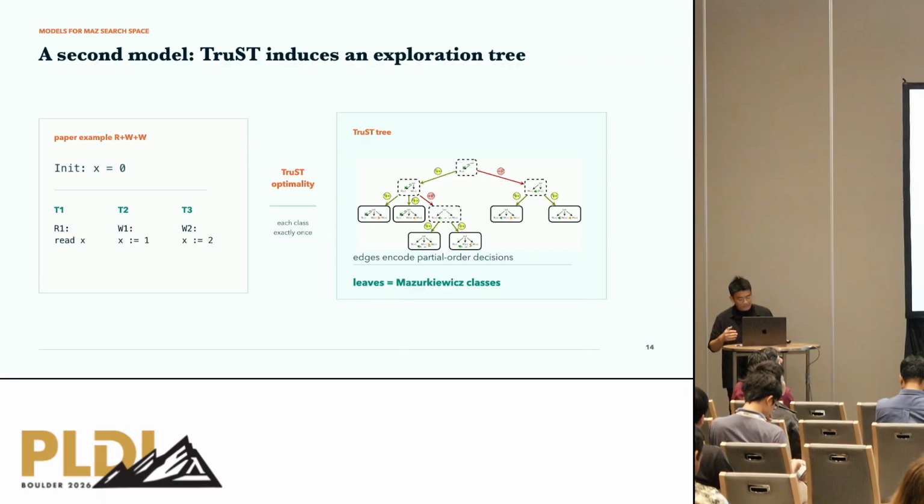And any root to leaf path in this tree is also no longer isomorphic to program executions, but corresponds to the trajectories of the algorithm's search procedure. And the only thing that remains the same is that the number of leaves in this tree is still the number of maximal Mazurkiewicz classes we want to count.